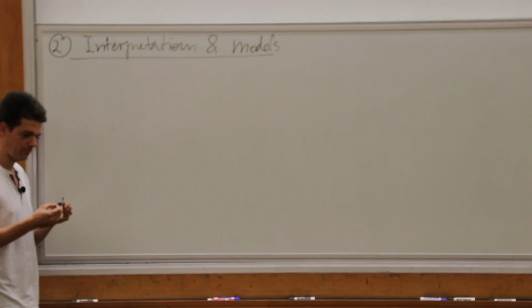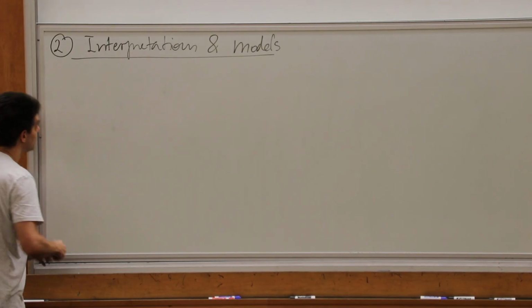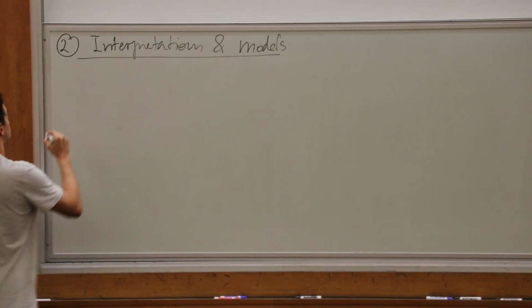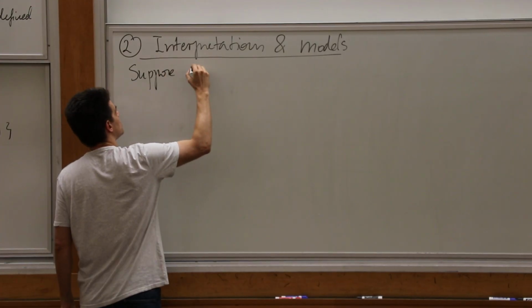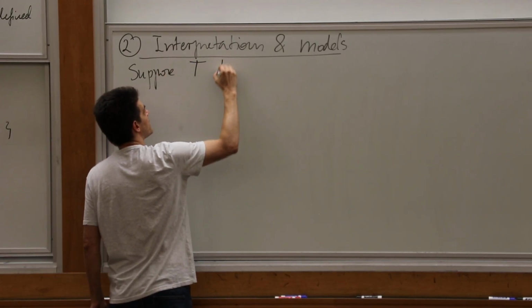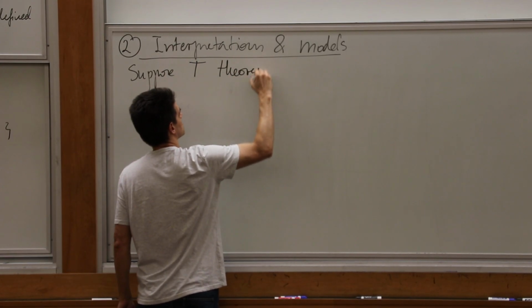I was told to replace these every once in a while, so maybe now is a good time. So suppose we have a theory T. When I say theory, I always mean algebraic theory.